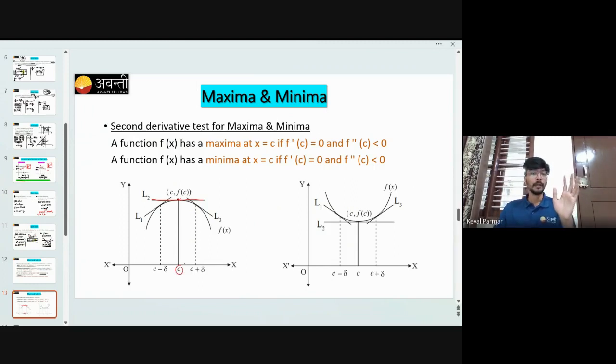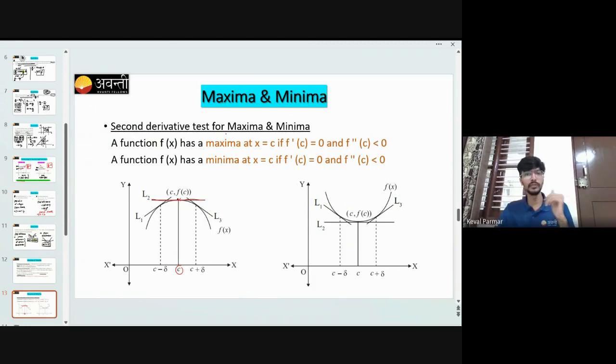Now, how do we know it is a maximum or minimum point? We can easily look at the graph. So from the graph, it is clear that it is a maximum point. But by the second derivative test, we can say whether it is a maximum or minimum point.